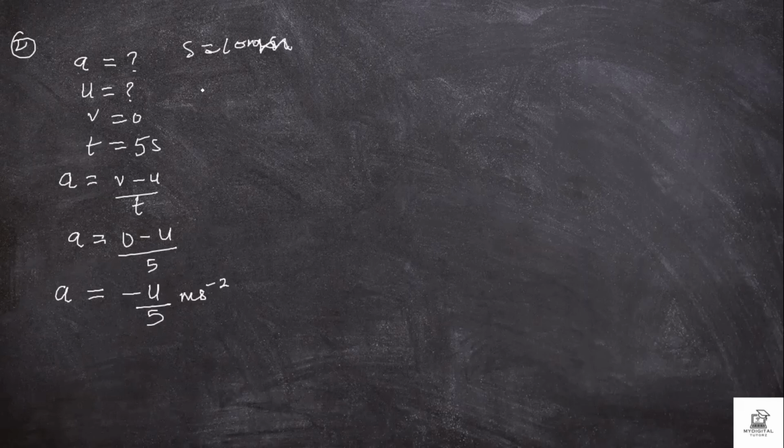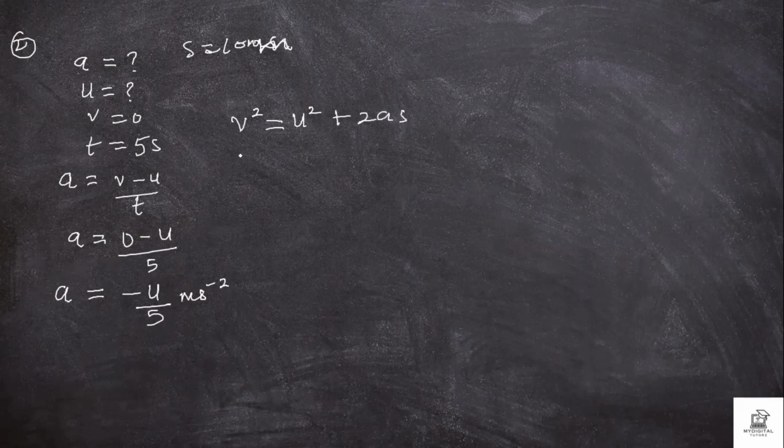So which formula is appropriate for this? Is it v squared is equal to u squared plus 2as, or which formula? I think any of the formulas that contain s will work for us. Let's try v squared is equal to u squared plus 2as.